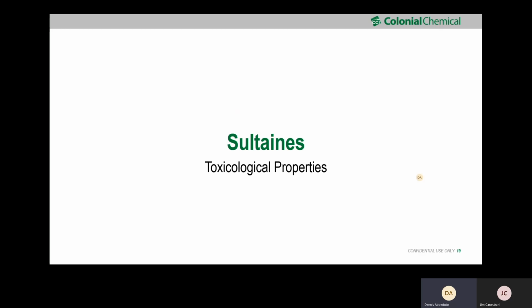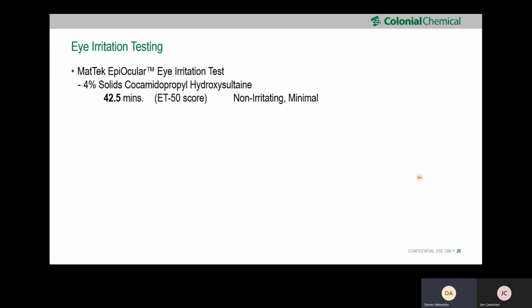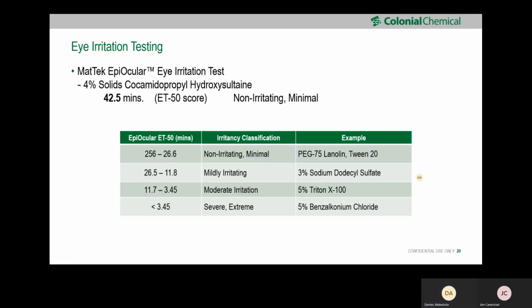In terms of the toxicological properties of sultaines and how they compare to betaines, we looked at eye irritation under the MatTek EpiOcular in vitro eye irritation protocol. At 4% solids, which is fairly typical use level for a cocamidopropyl hydroxysultaine, it scores in the non-irritating or minimally irritating range for that test.